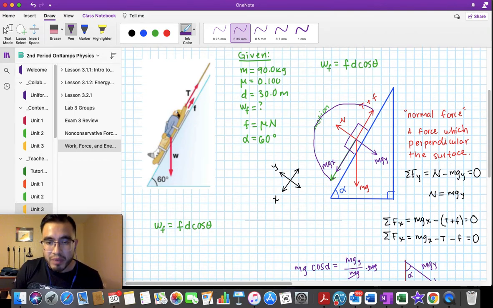Again, we have to find the direction of motion, then compare it to the direction of the friction force. They have opposite directions. Okay, opposite directions.